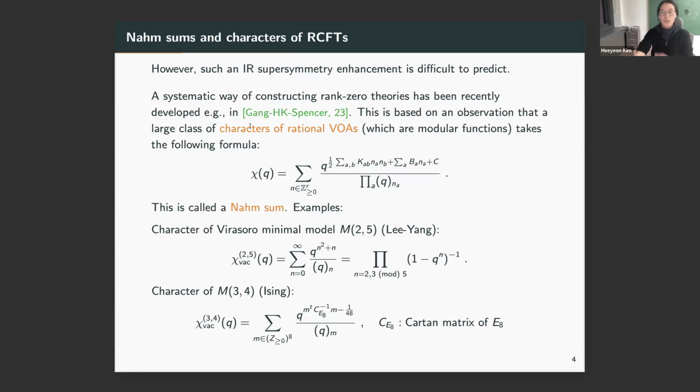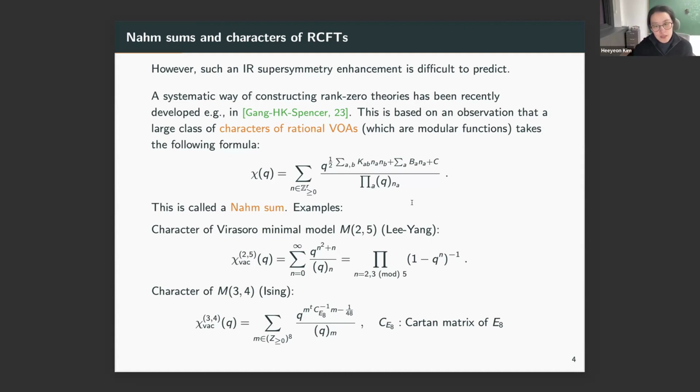Many of the rational vertex operator algebras take one of these forms for some choice of an R by R matrix K, some R-dimensional vector B, and some rational number C. And this formula is called the Nahm sum formula.